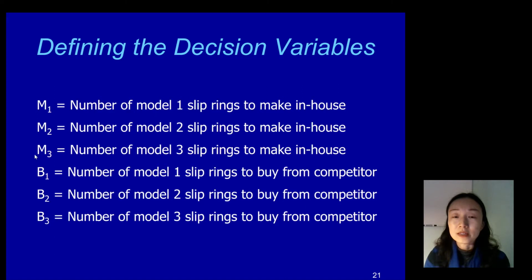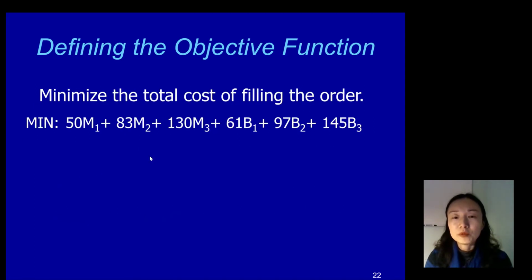So we have 6 decision variables in total. Next, our objective function is to minimize the total cost, which is the total cost of making and the total cost of buying the 3 types of models.